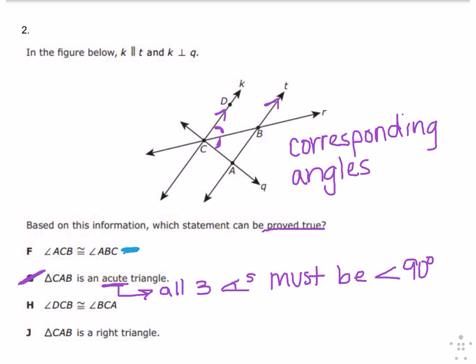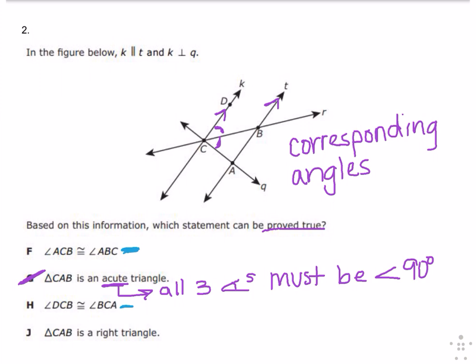And again, it looks like that could possibly be true, but really there's not enough information to tell whether or not those angles are actually congruent to each other. You would need to know a little bit more information to decide whether or not that's true.